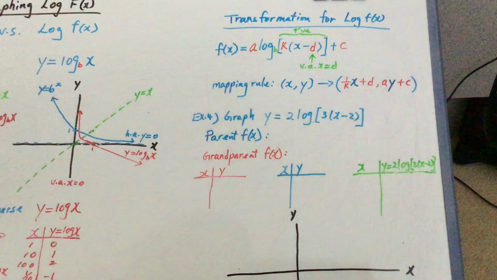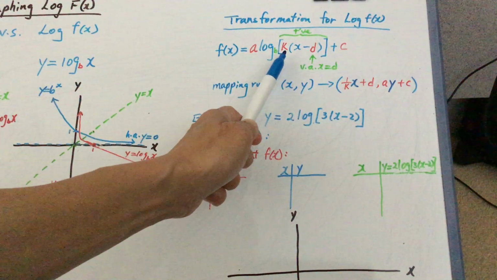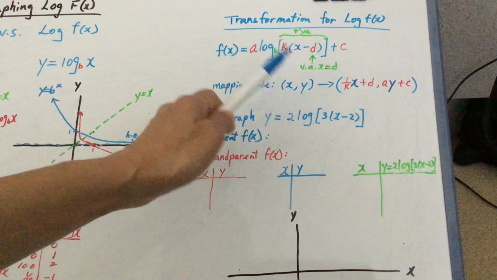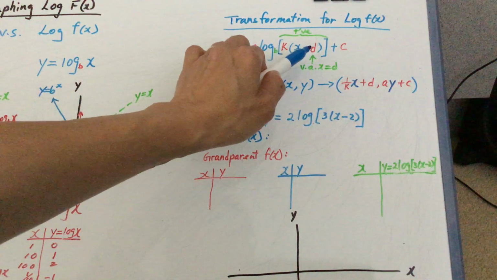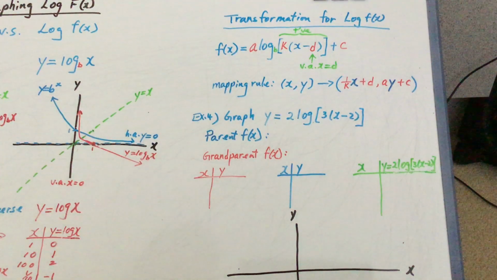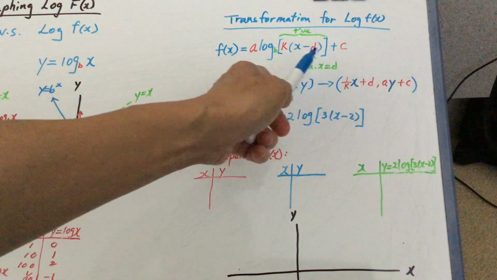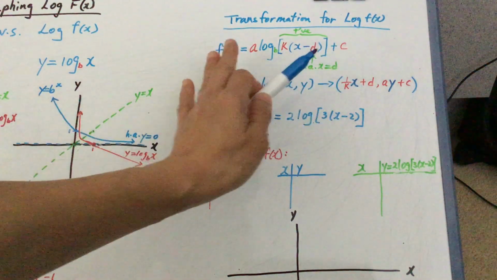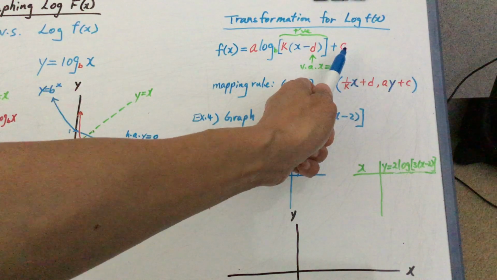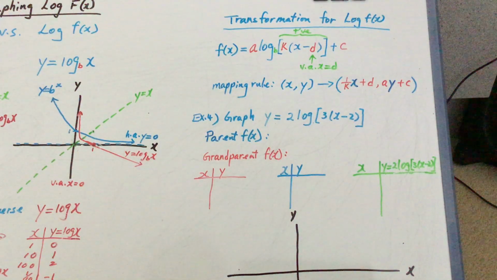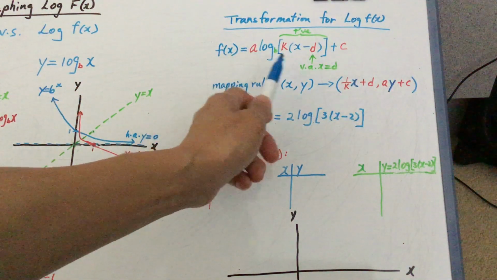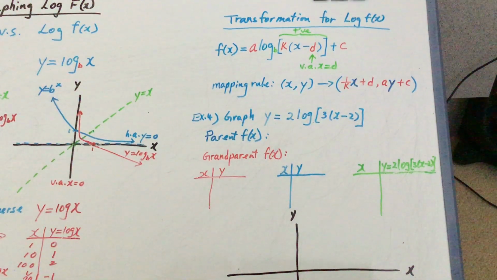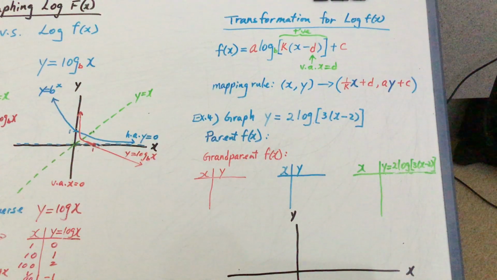This value always needs to be factored out. If it is not factored out, make sure you factor it so that within the brackets, x minus d, where d is the horizontal translation, moving left or right, and close the bracket plus c. Whatever you add after that, the c value, is the vertical translation moving up or down. So a, k, d, c is exactly the same as what we do with the other types of functions.